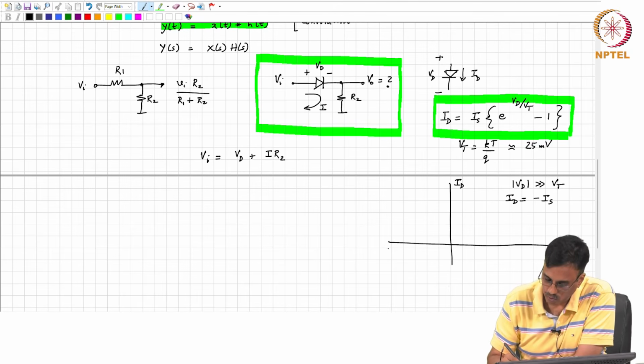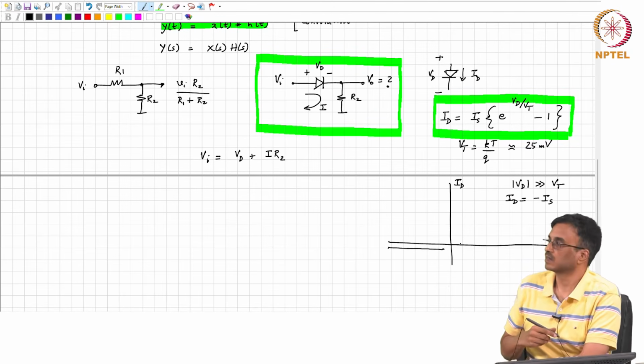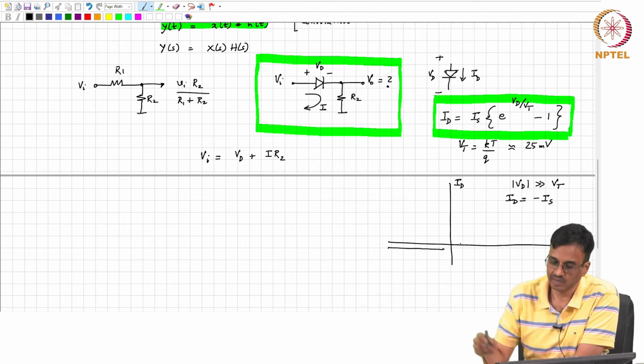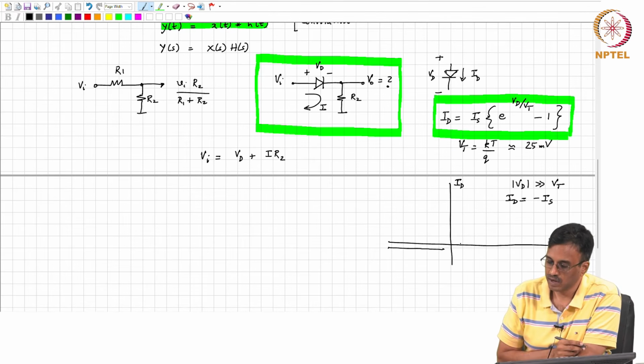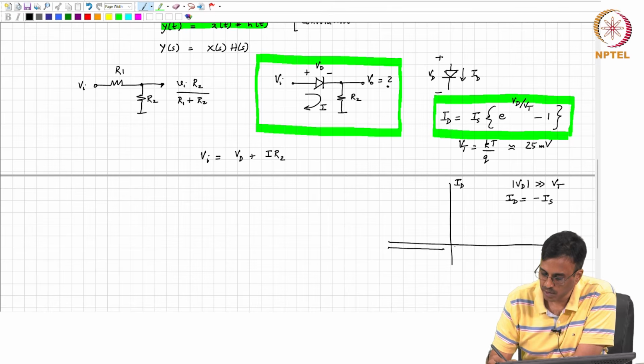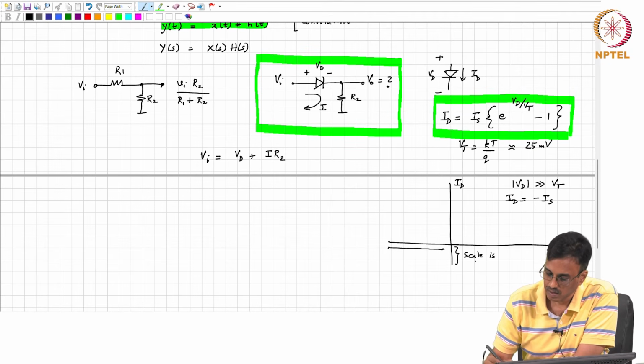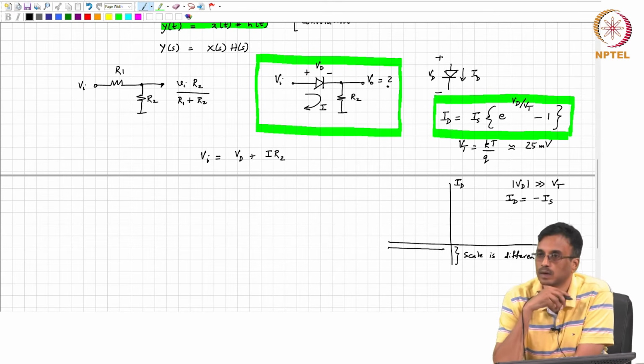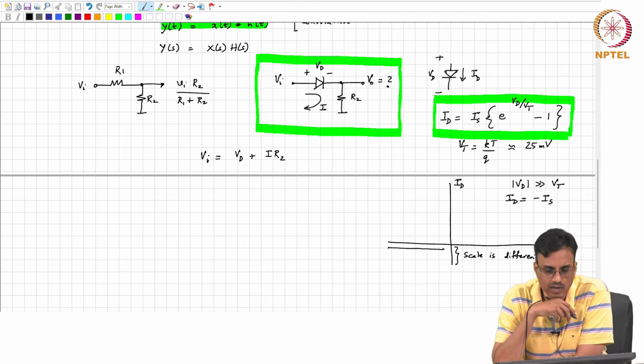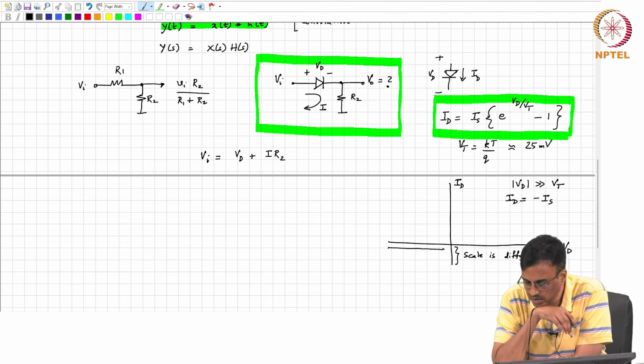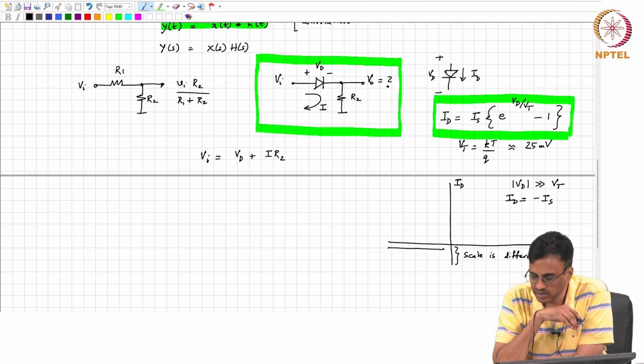Okay. So, you draw something like this, and if you want to see Is on the same picture as for when Vd is greater than 0, the only way to do that is to observe that this must be a different scale. If you go and pick up a diode in the market, typically these diodes will have reverse saturation currents of the order of maybe a few hundred picoamps.